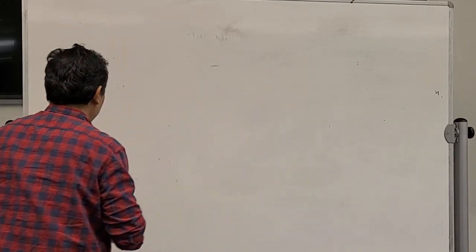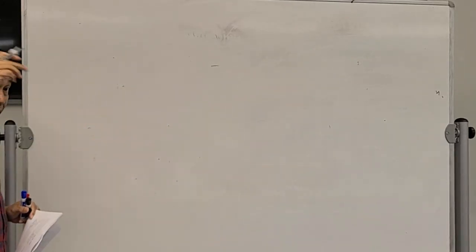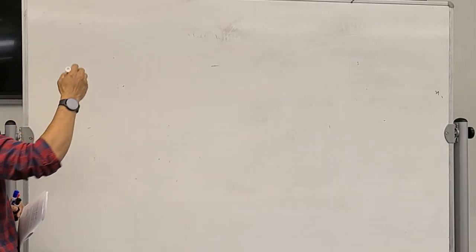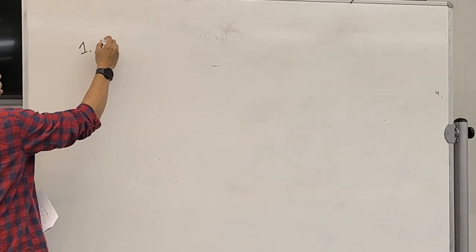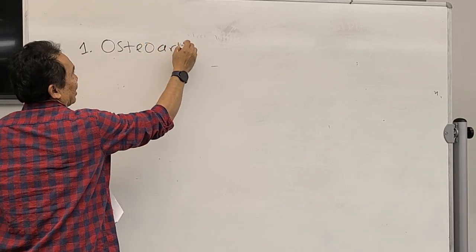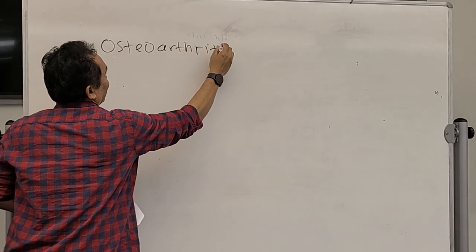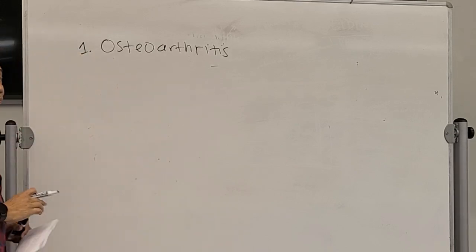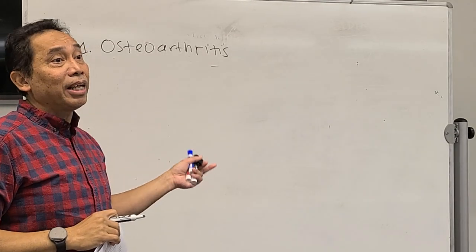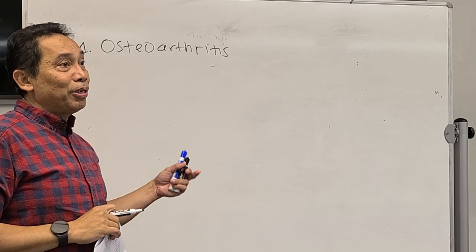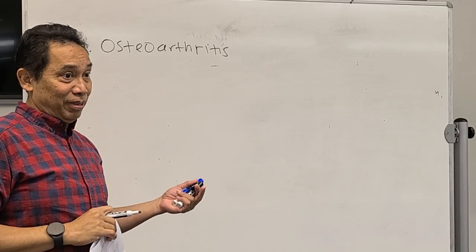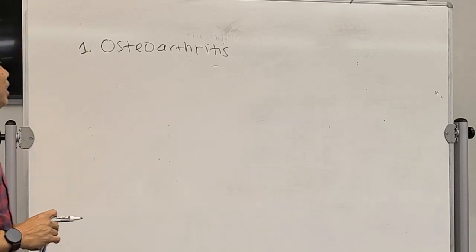Okay, so the one that is caused by the lack of production of synovial fluid is called osteoarthritis. Usually older people have this. Because yes, this is a natural process. We will produce less synovial fluid when we get older. That's natural. Right?